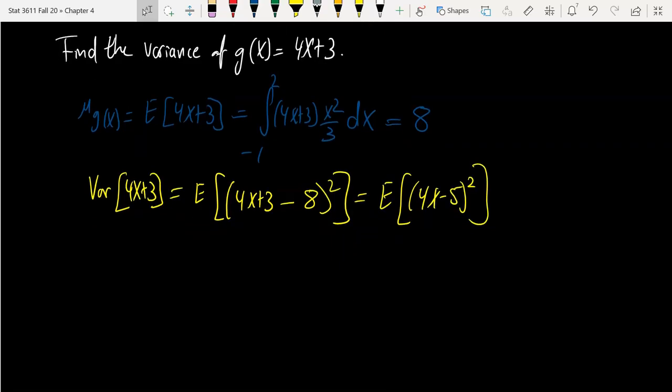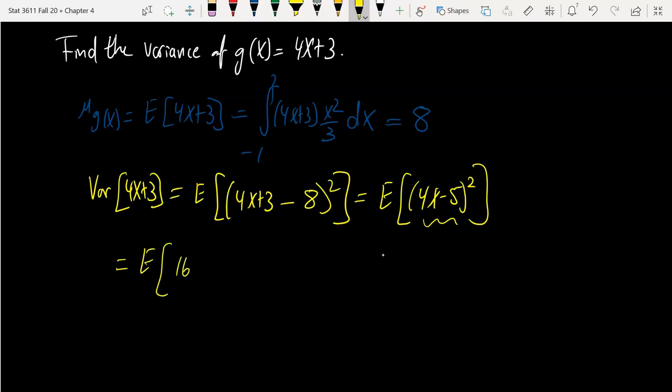All right, well, this isn't that bad, because now this is just an expected value problem, right? This is just going to be the expected value of, depending on how you want to do it, you can either FOIL this out at this stage, or you could put it in the integral right now. That is your call. What if we FOIL this out?